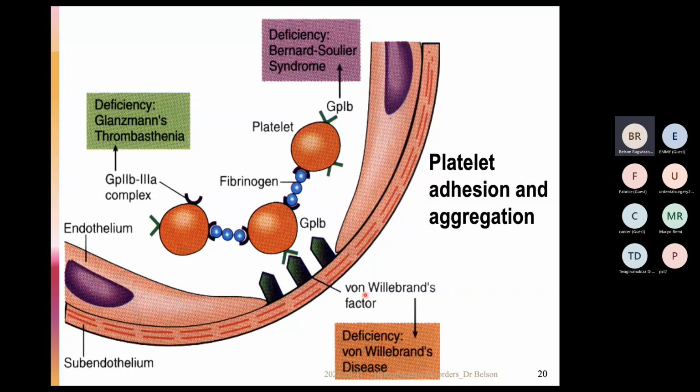So von Willebrand factor iba expressed, then ikaba ifite receptor yayo kuri platelet. Niyo mpamvu platelet iza ikahafata neza ikamatira. This is adhesion. It is not just a physical adhesion or aggregation. These are things are chemically mediated. So there are factors, there are mediators of these things, and so.